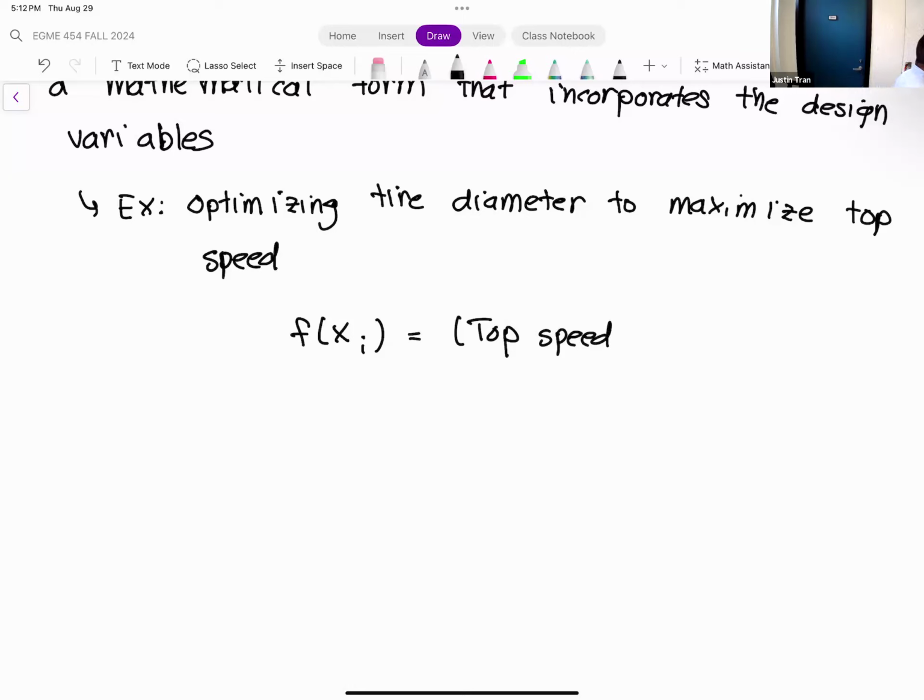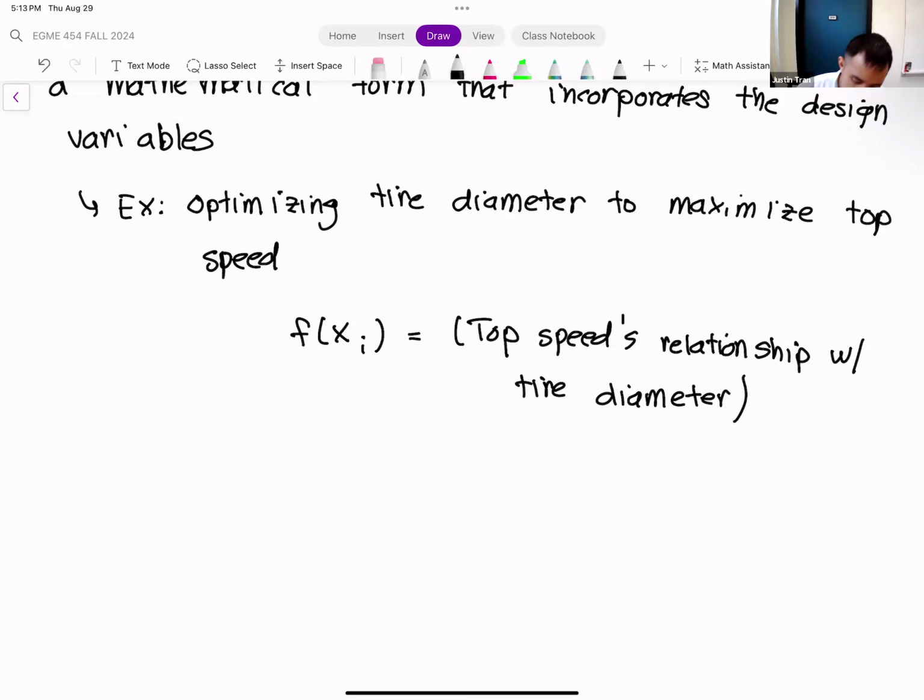But in order to actually get it into a mathematical form, you need to know the relationship between top speed and the tire diameter. And that's not quite easy to do, right?